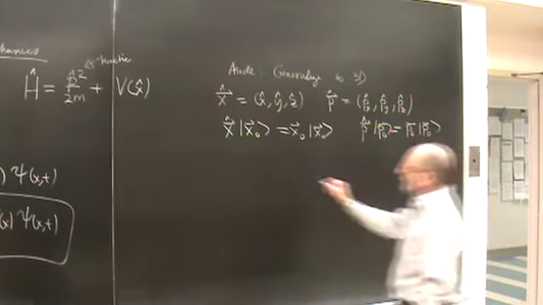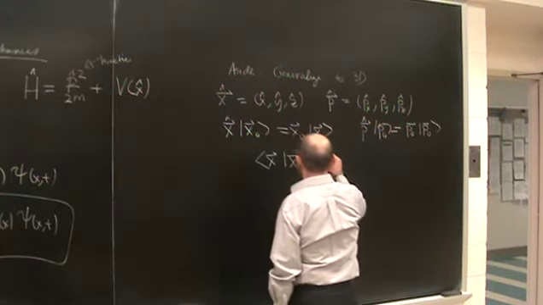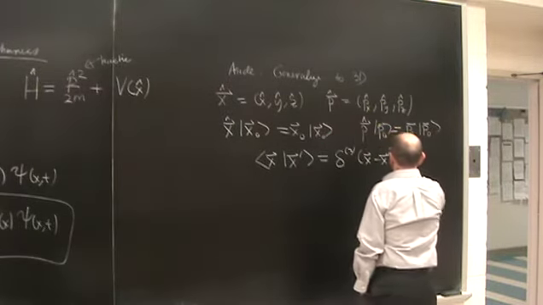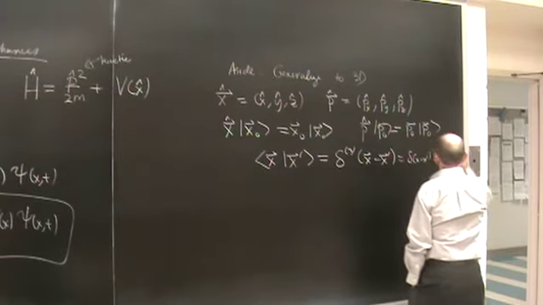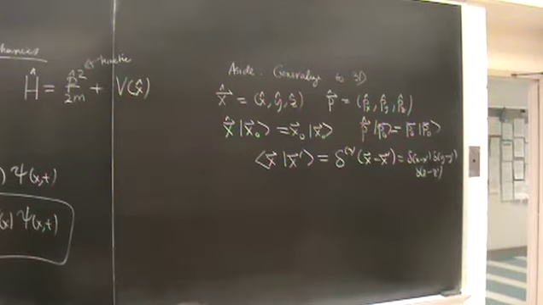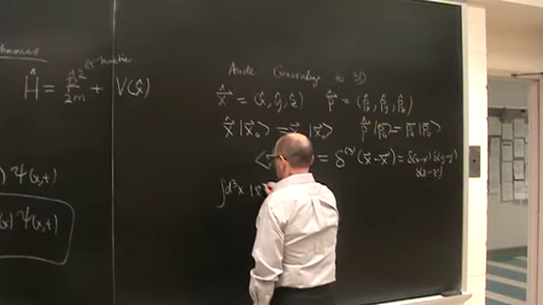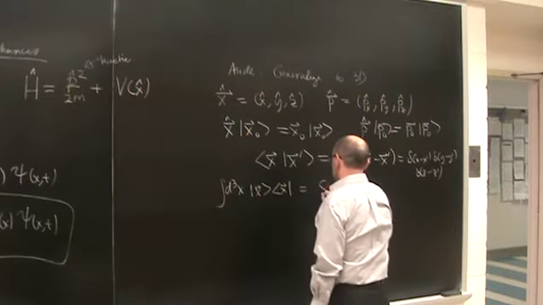And these satisfy the same kind of orthogonality relationship now with a three-dimensional delta function, which is another name for delta x minus x prime, delta y minus y prime, delta z minus z prime. And we can have resolutions of the identity, but now integrated over x, y, and z.